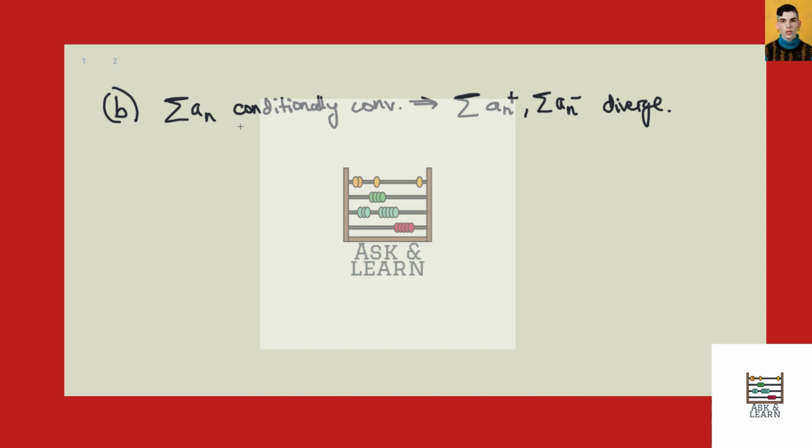Conditionally convergent means that the sum of a_n converges, but if you take the absolute value on the inside, that diverges. So that's the definition of conditionally convergent.